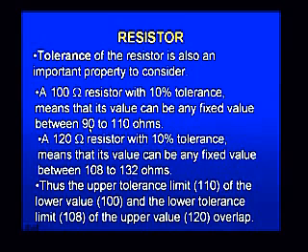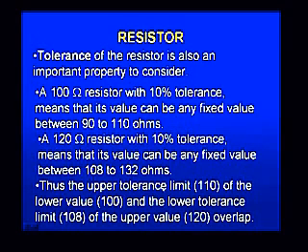That means if I pick any resistor from a bunch of resistors which are marked 100 ohm, it can have a value anywhere between 90 ohms and 110 ohms. Similarly, a 120 ohm resistor with the same 10% tolerance can have values anywhere between 108 to 132, which is again 10% either way of 120 ohms.